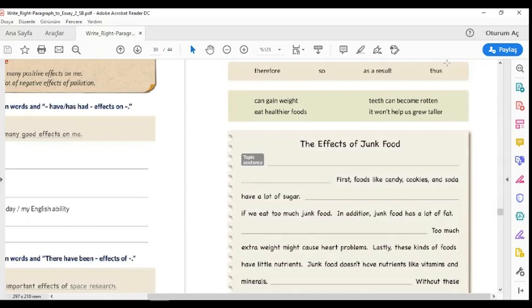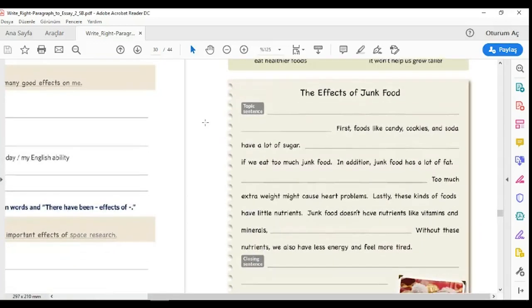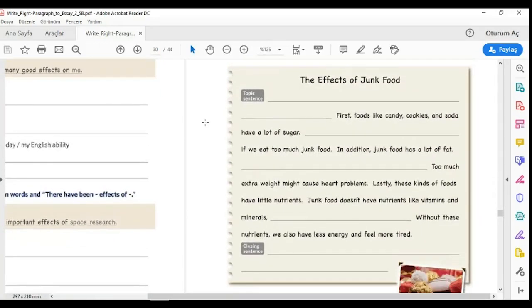Okay, so you have taken this down from the first box and from the second box. Now I'm going to show you the paragraph. So use what you have taken down. Firstly, go through the notes from the previous lesson to do the topic sentence.